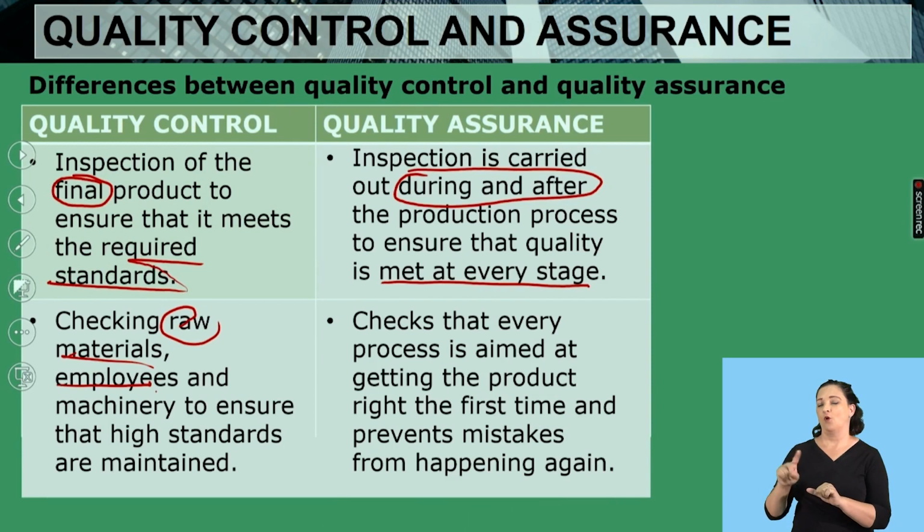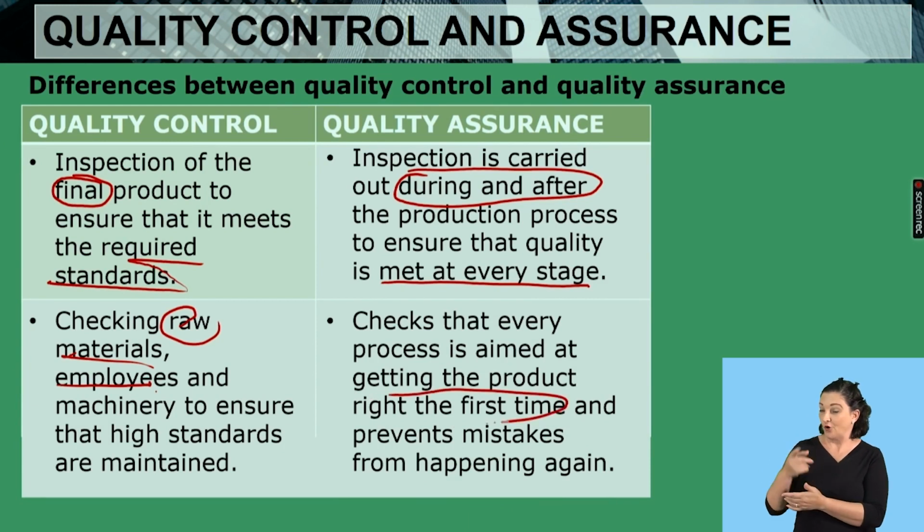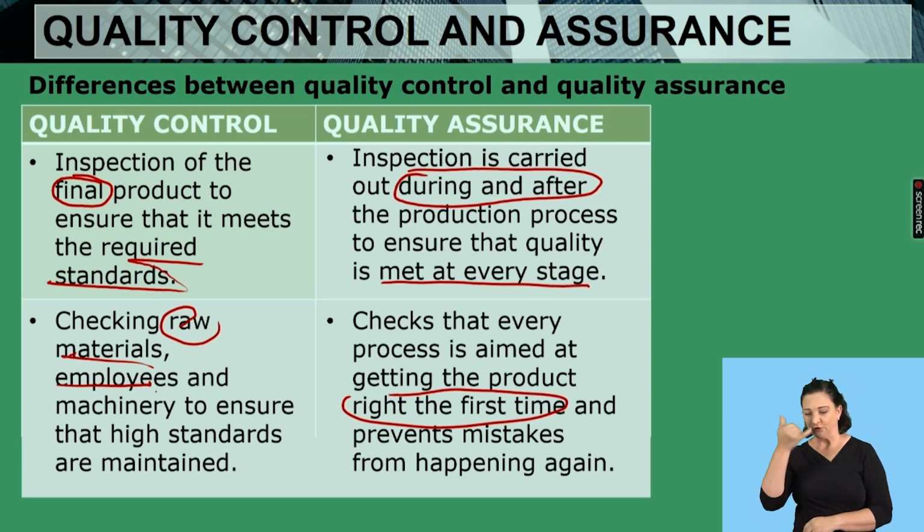Quality assurance then checks that every process is aimed at getting the product right the first time and prevents mistakes from happening again. So when I am busy inspecting during the production process, I am able to see what kind of mistakes are happening and we are able to fix them before we manufacture more and more products.